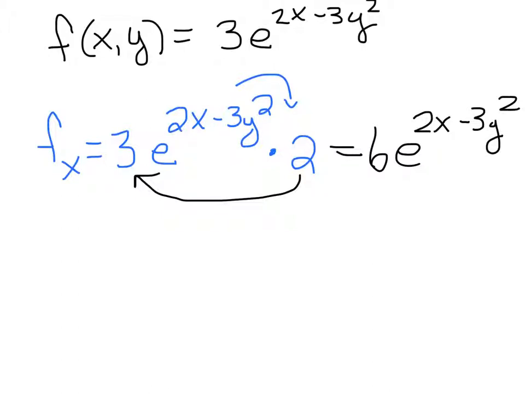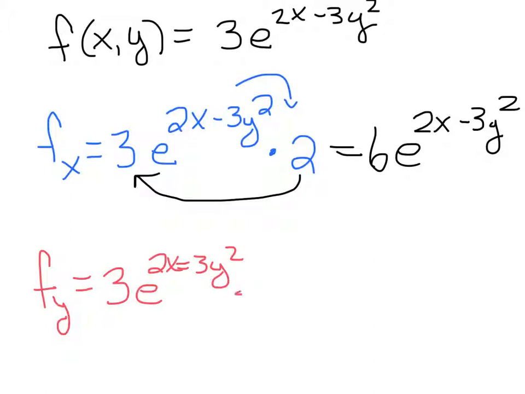We can go ahead and do this with respect to y. So the partial derivative with respect to y, the 3 comes along for the ride again. The exponential gets written exactly as it is. There's a minus sign here. And then times the derivative of that exponent. The derivative of the exponent with respect to y, this term is a constant, so the derivative is 0.